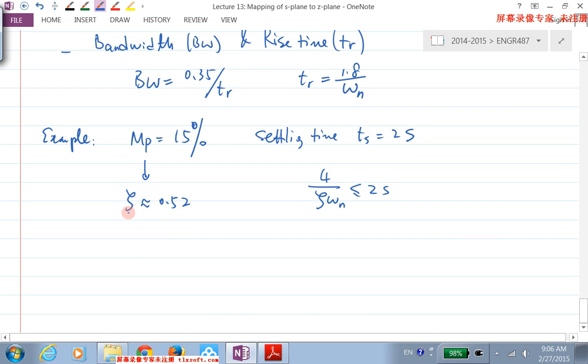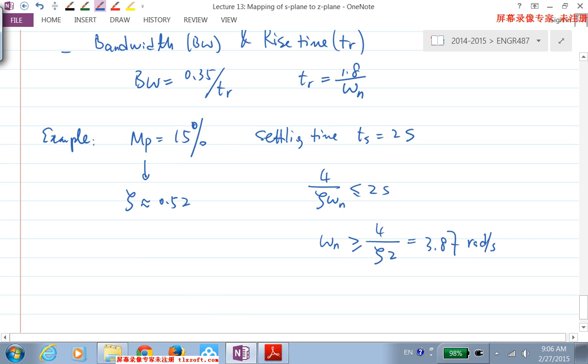We have zeta already, and we need to get the omega n. So omega n is going to be greater than 4 over zeta times 2. Plug in the zeta, and that gives you 3.87 radians per second, that's omega n.